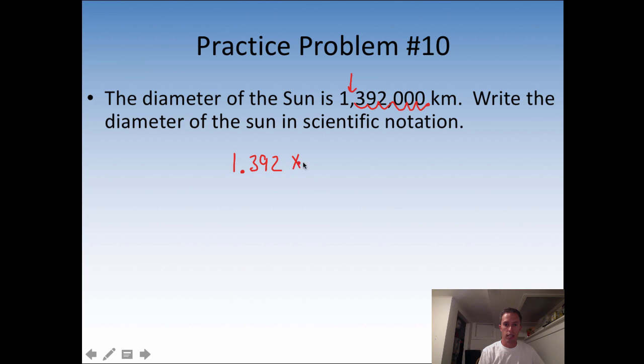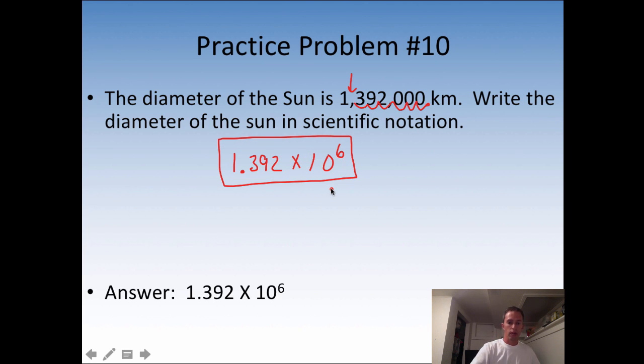And we're going to say times 10, and then the exponent is how many times we move that decimal. So we moved it 6 times. And it's a large number, it's bigger than 1, so we have a positive exponent. And so that would be how you write this number in scientific notation.